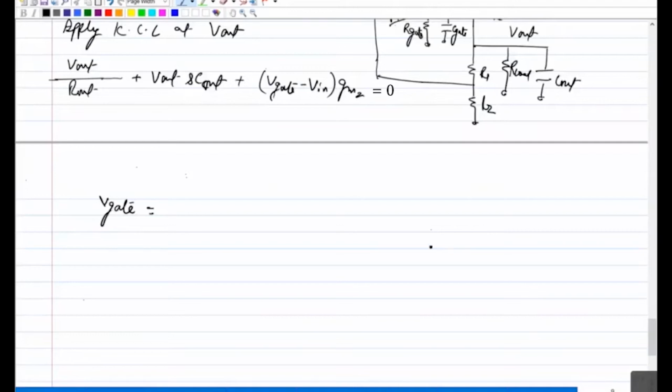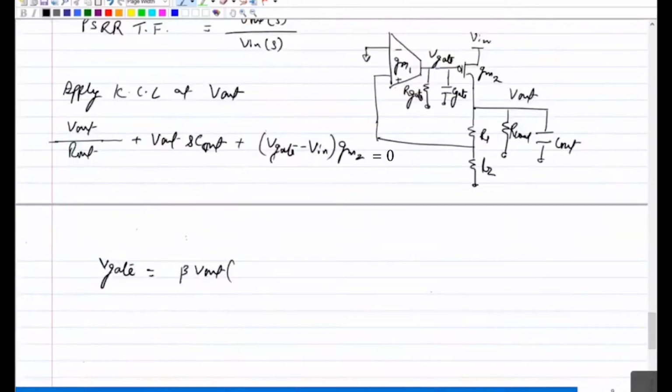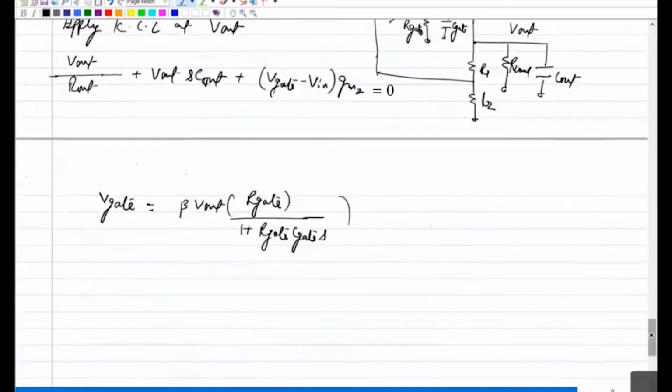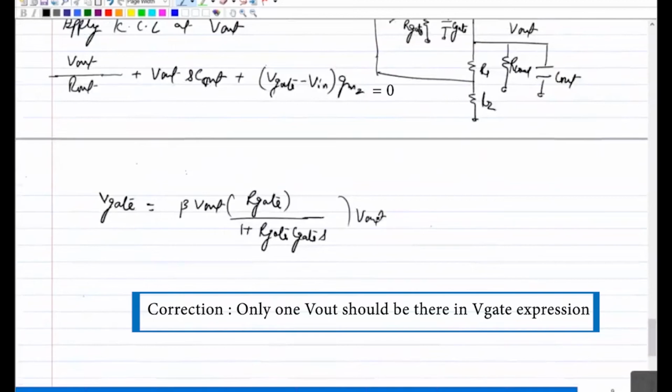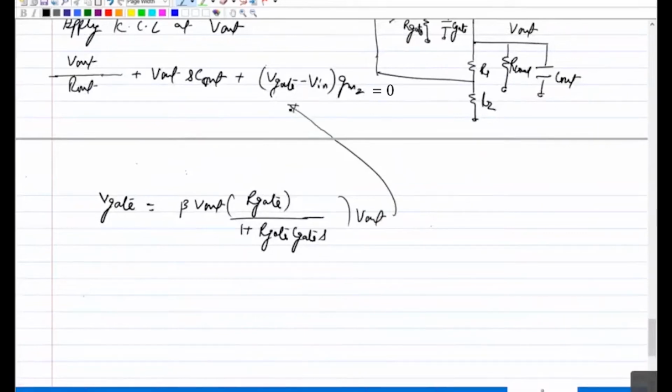It's V out times beta times Z of gate. What is Z of gate? R gate over 1 plus S R gate C gate. So now you just substitute this and multiply it by V out.